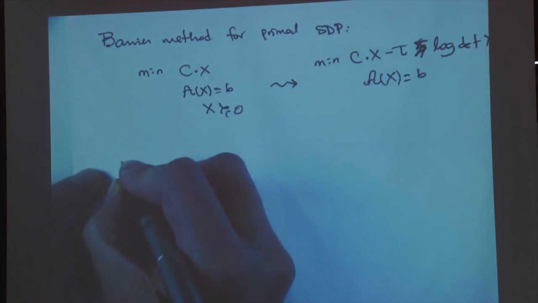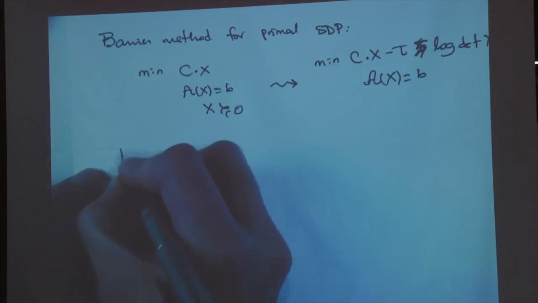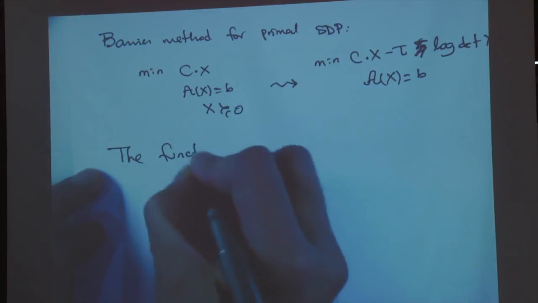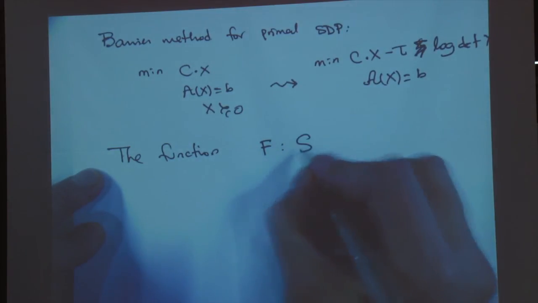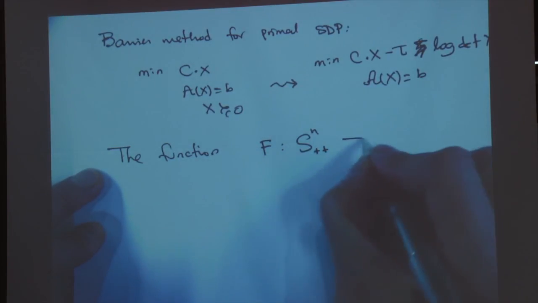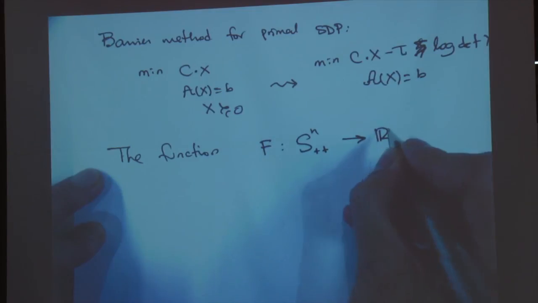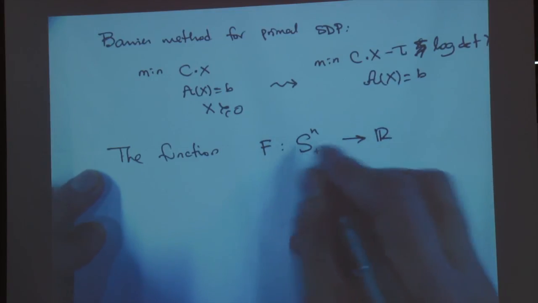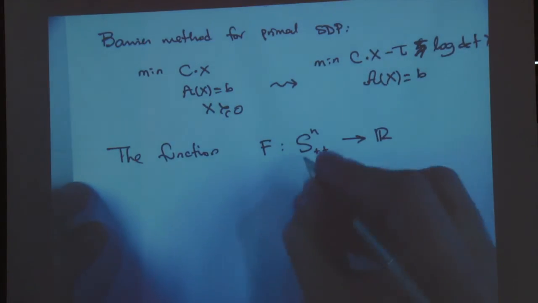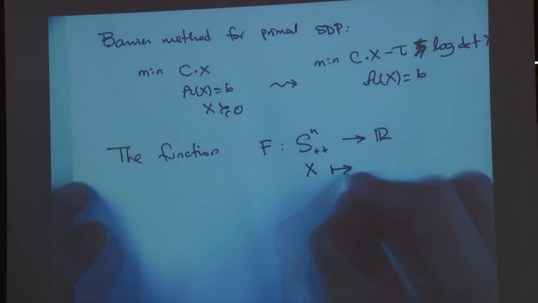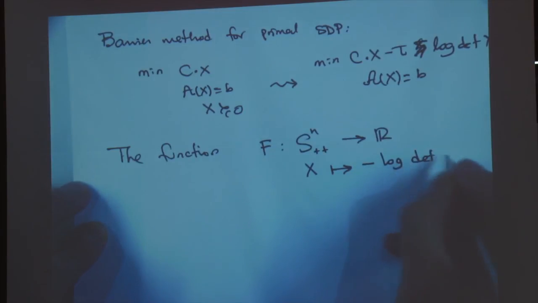So let me say a word about this function. This function, I'm going to call it f, is defined from the set of positive definite matrices to R that takes x and maps it to negative log determinant of x.